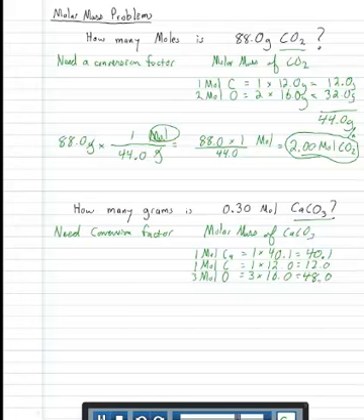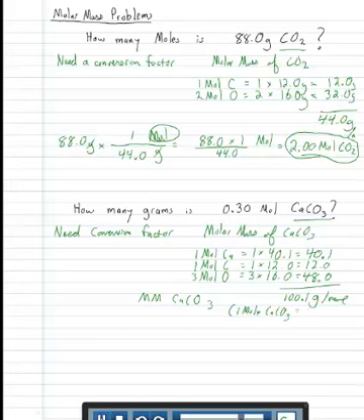And I can add that up. So I get 100.1 grams per mole, and that's the molar mass of CaCO3. Meaning that 1 mole of CaCO3 is equal to 100.1 grams of CaCO3.